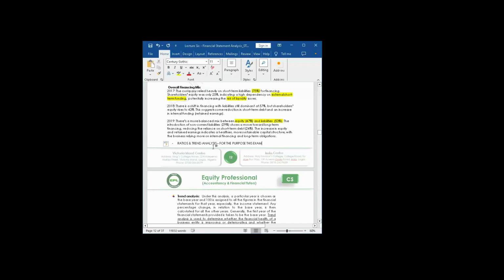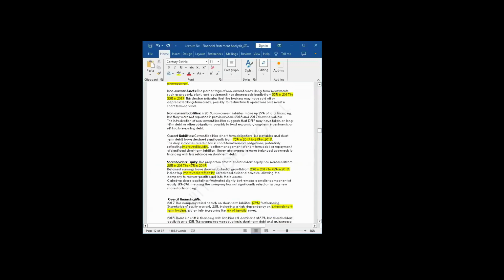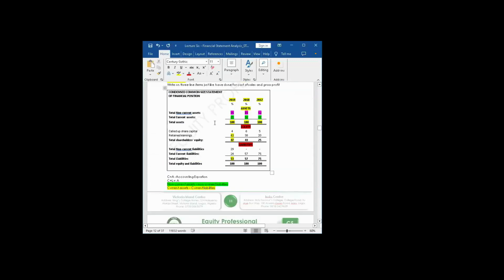Ratios and trend analysis. And one reason is that, although I always like to do my financial statement analysis with ratios and trends, in addition to adding common size analysis. If you look at the common size, this looks more like when we are x-raying the financial position of the company.